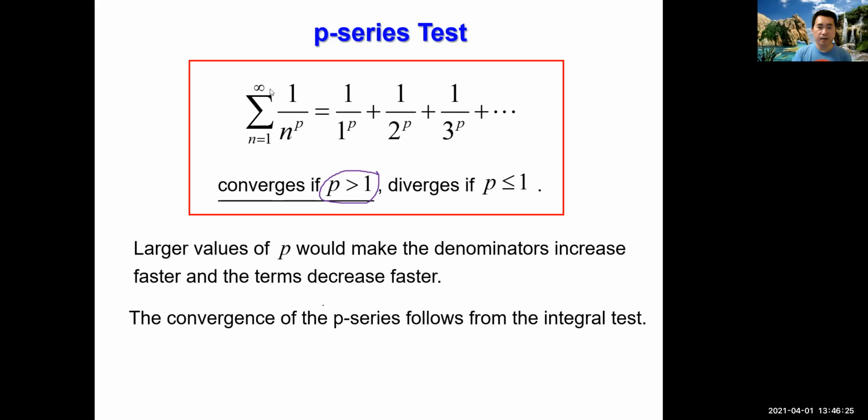If you have a series of the form the sum of 1 over n to the p, n equals 1 to infinity, that means you have the terms 1 over 1 to the p power, 1 over 2 to the p, and so on. If you have that series, then we know that the series converges if p is bigger than 1 and diverges if p is less than or equal to 1.